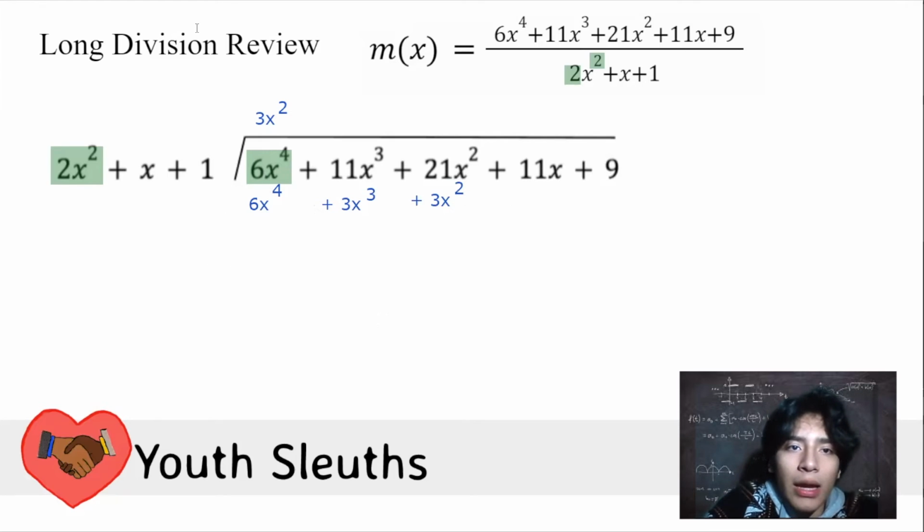And before I combine everything, I am going to multiply everything by -1, and so the signs are going to change. We have -6x to the 4th minus 3x cubed minus 3x squared. And now we can combine. So we get 0.